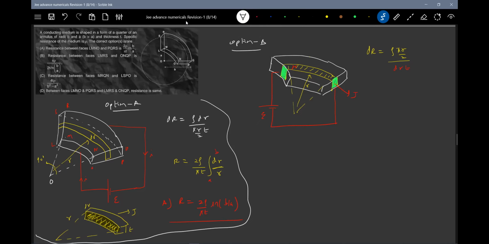So that will become the area in this one. So here if you assume one more strip, the current will branch out. So these elements are in parallel.